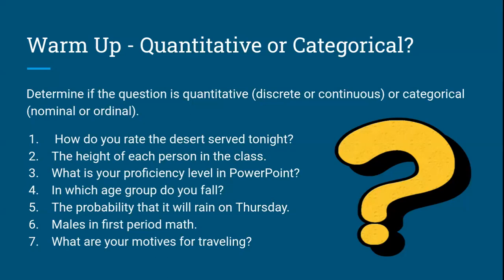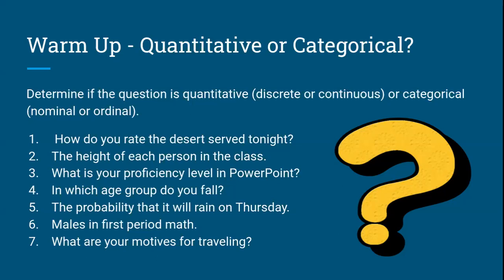Okay, so the question, what is your proficiency level in PowerPoint? So we have come to the understanding, yes, it is categorical because we will be splitting the respondents into groups. I agree. So now the question becomes, is it nominal, descriptive, or is it ordinal?